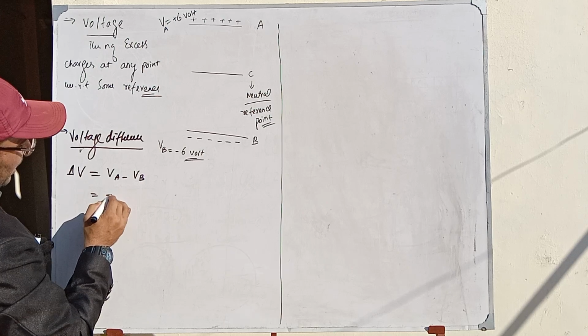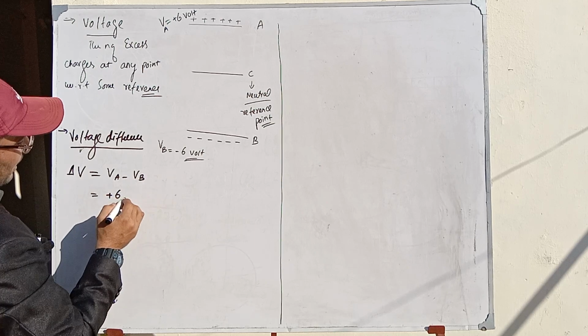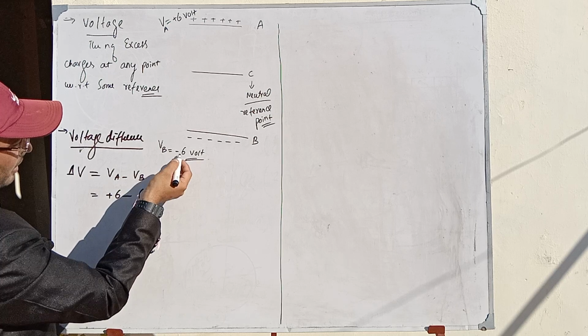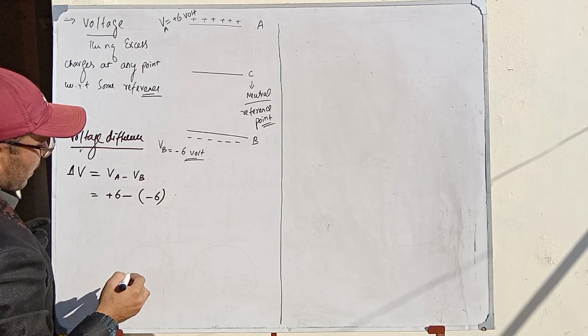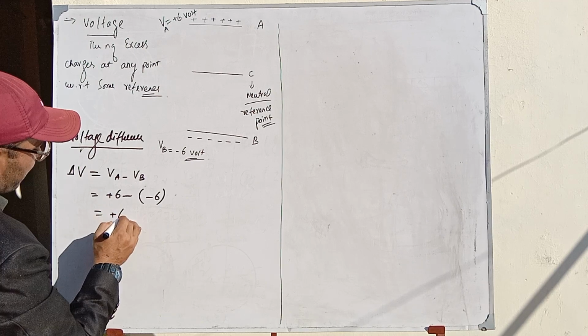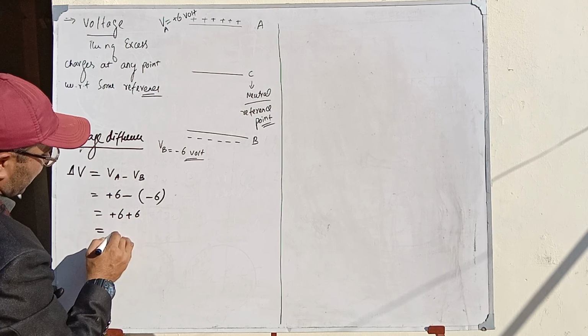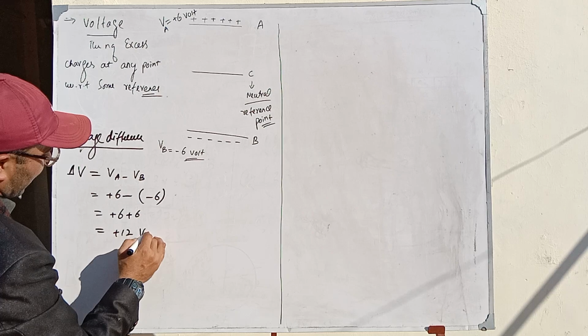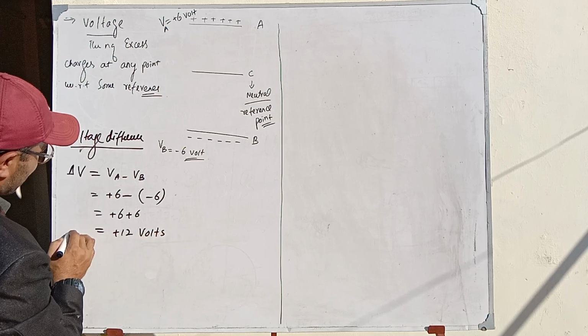VA has plus 6 and VB has minus 6, so minus minus will become positive, and I will observe plus 12, and the unit is volts.